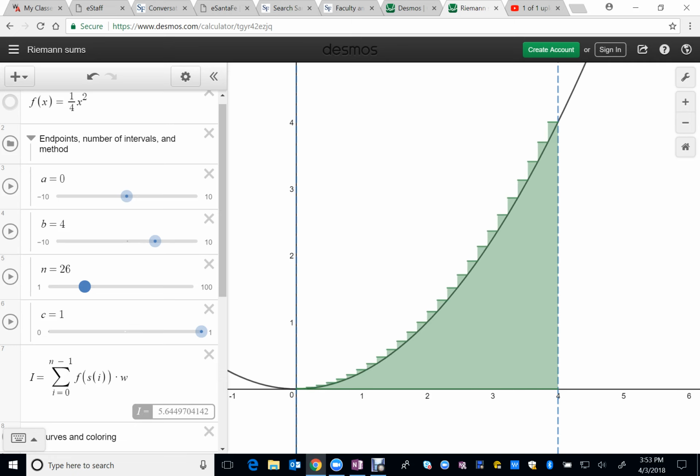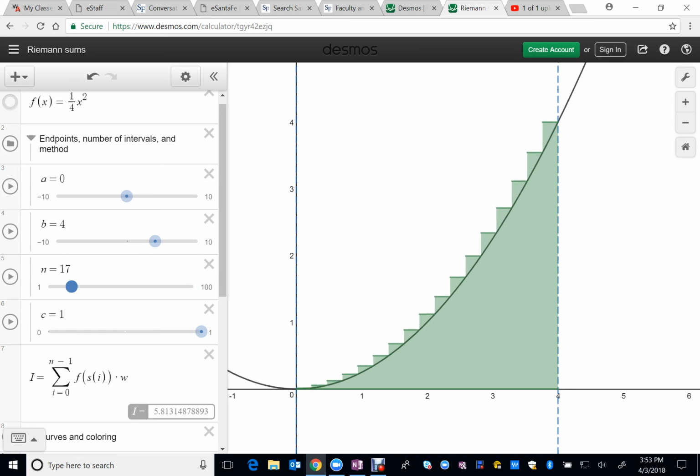So my estimate's getting better and better as I have more and more rectangles because my overestimate is becoming smaller and smaller. And once I hit 100 rectangles, that might be a lot of work to do, but my estimate is extraordinarily useful here. So that's one thing that we control, more and more rectangles.